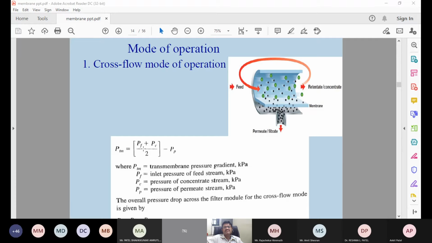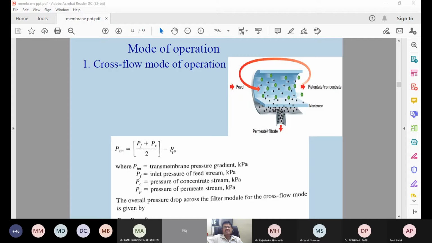What is P? P is the pressure, and F is the feed, C is the concentrate, P is the permeate. Feed water is whatever we are feeding. So the pressure of the feed stream is PF, plus the pressure of the concentrate stream, which is whatever remains after removing the filtered water, divided by 2, minus the pressure of permeate.